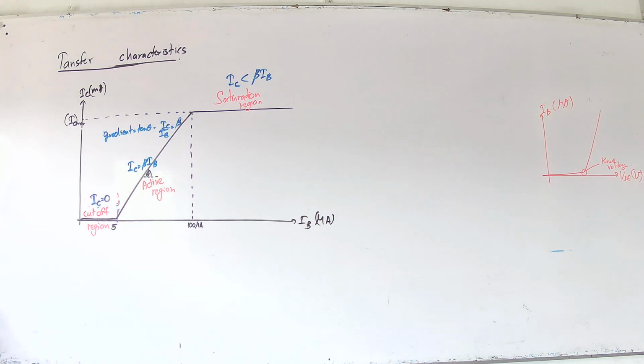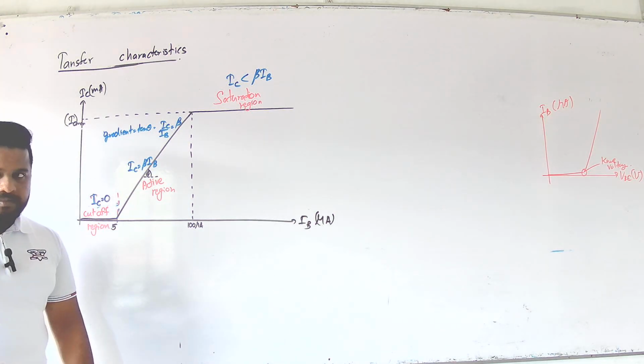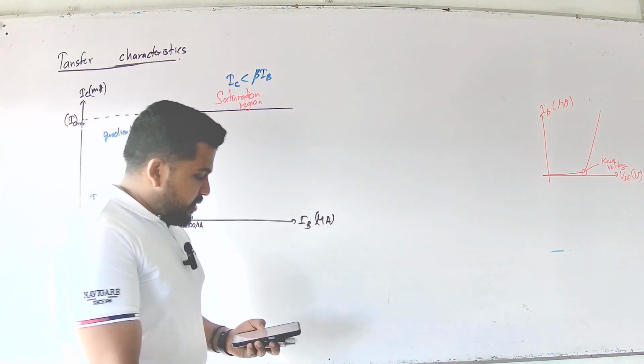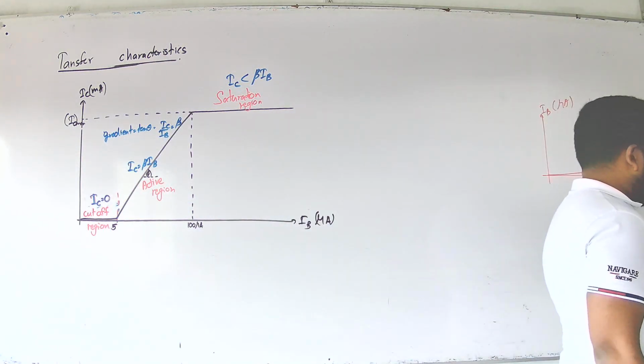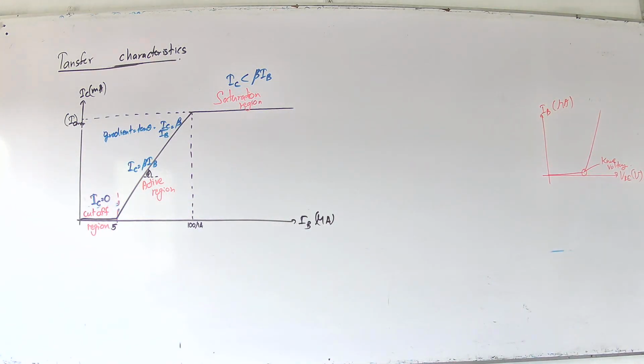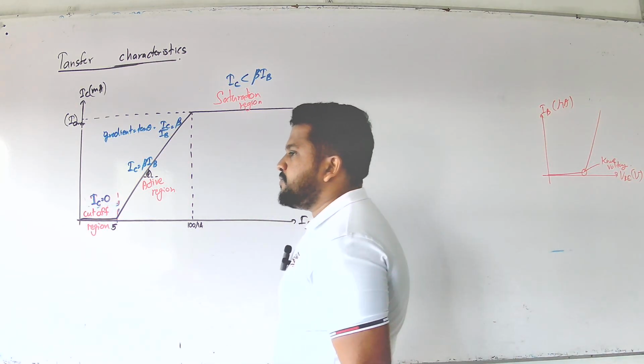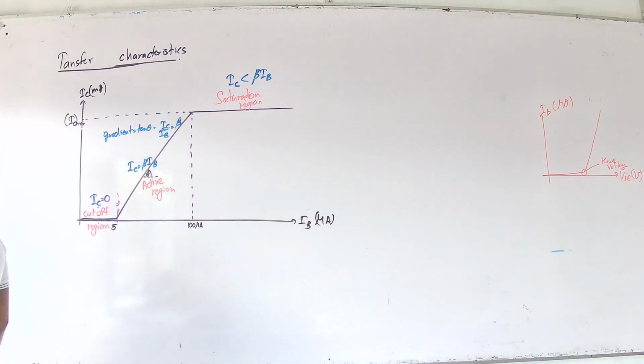Sometimes we consider it as the leakage current. In the linear part of the curve, IC varies in direct proportion with IB.